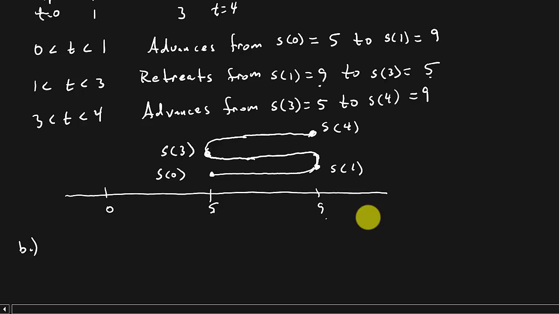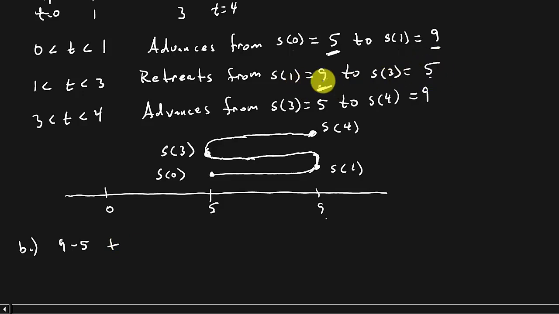So from s of 0 to s of 1, that's going from here to here. So that's going to be 9 minus 5, plus, and then s of 1 to s of 3.